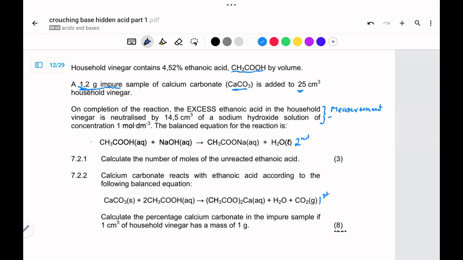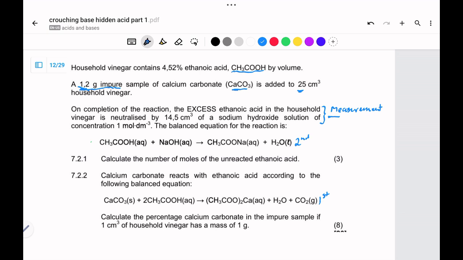I'm not yet sure if this problem is of the type that I described, but however we proceed, or whatever happens in the rest of this problem, we are sure that this measurement gives us the final state of the ethanoic acid. That's what we're thinking at the moment. Okay.